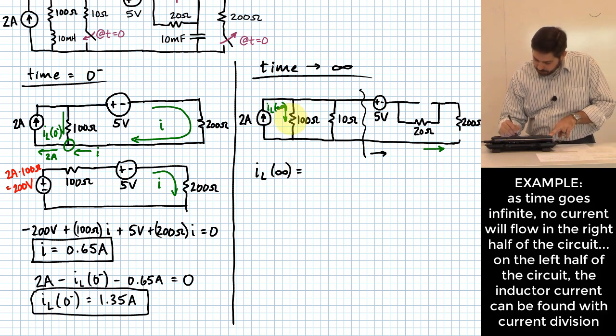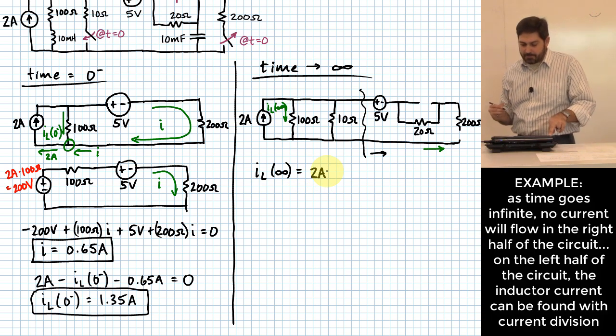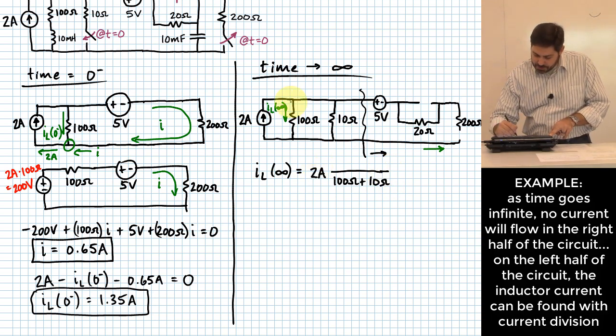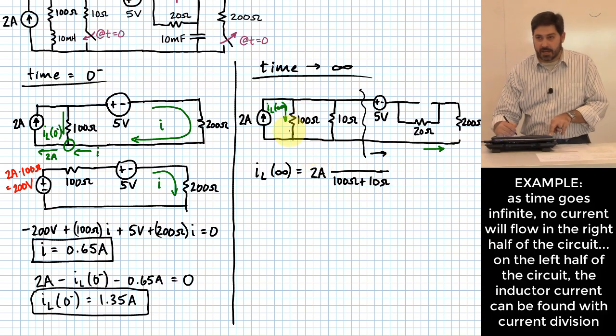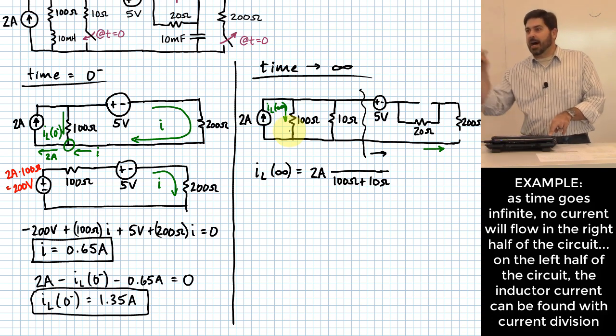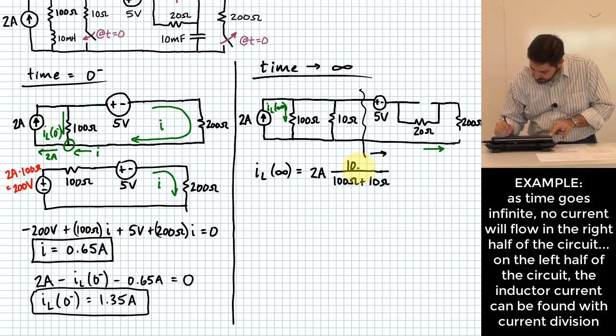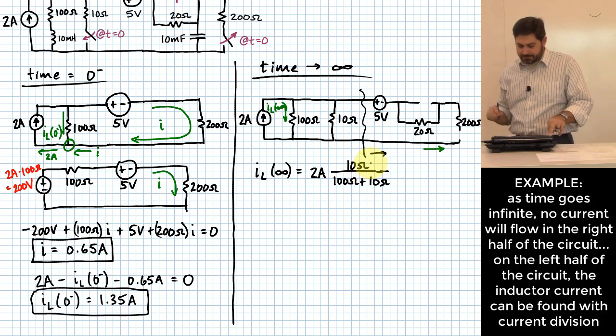You take the total current, which in this case is 2 amps, and multiply by a ratio where the denominator is the sum of the two resistances, 100 ohms plus 10 ohms. What do I put in the numerator to get just the current on the 100 ohm leg? I want to use the opposite one for current division, so I put 10 ohms in the numerator.